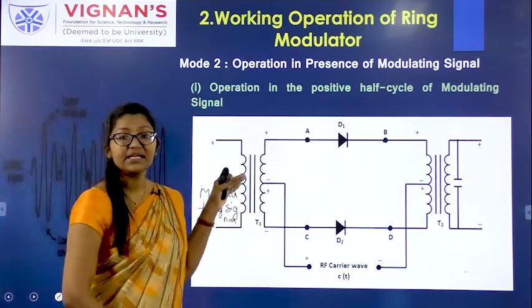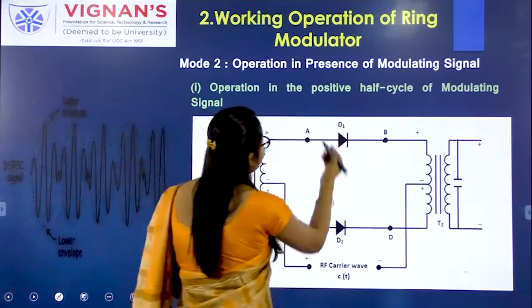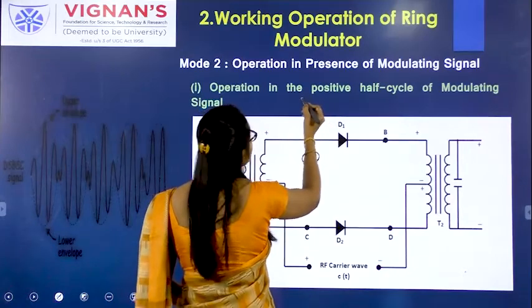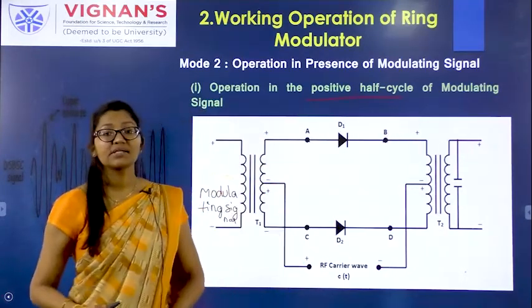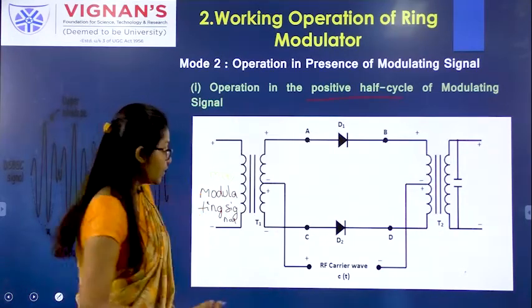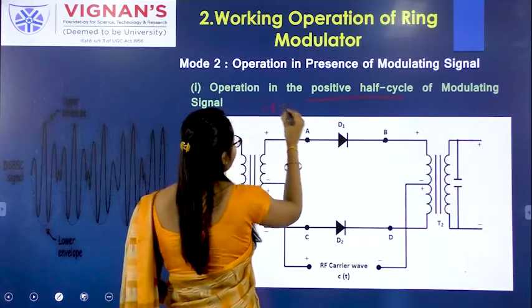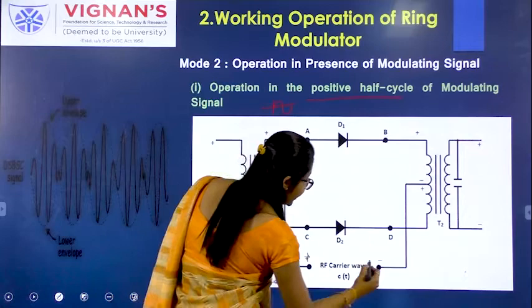Again, as in the first operation, we consider the first case, the positive half cycle. Now I am considering case 1 with the positive half cycle of the carrier. So what is the carrier again? I am considering positive and negative.